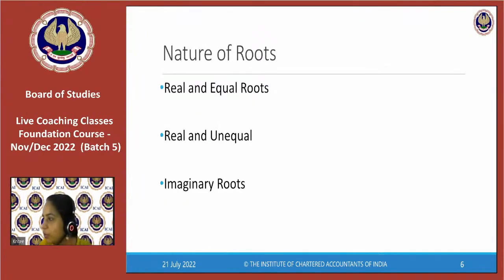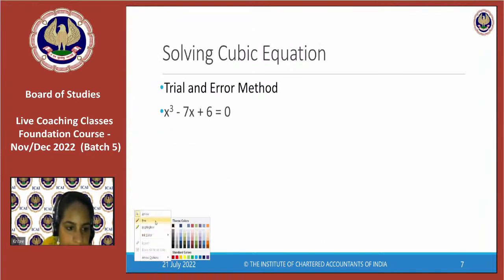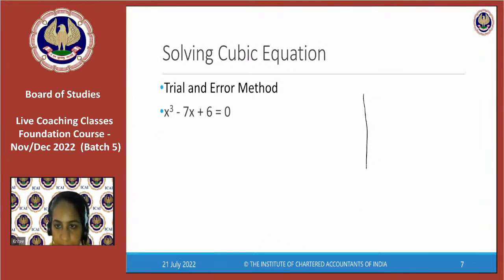Now I will be talking about the types of roots. You might have just now noticed that the value of d is changing. Let us try to understand it this way. I'll just quickly repeat the formulas for you.